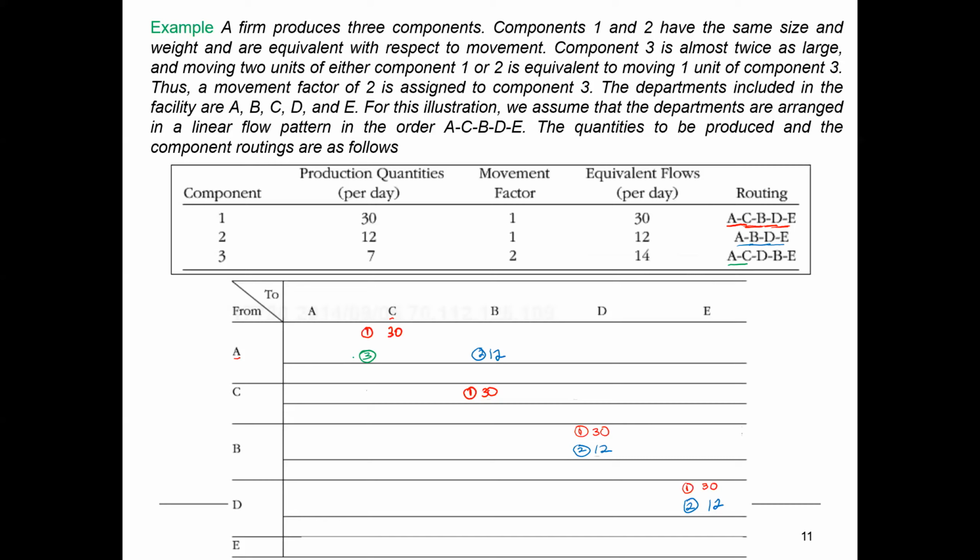But as we explained already, that has a movement factor of 2. So even though we're moving 7, that represents an equivalent flow of 14 because of the size. Okay, so this is going to be 2 times 7, which is 14.